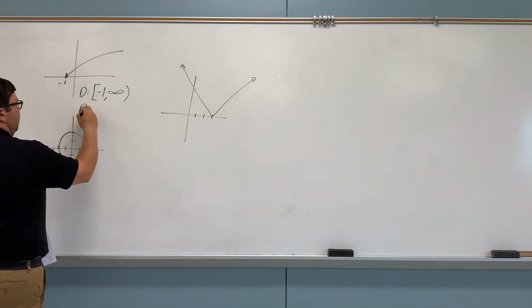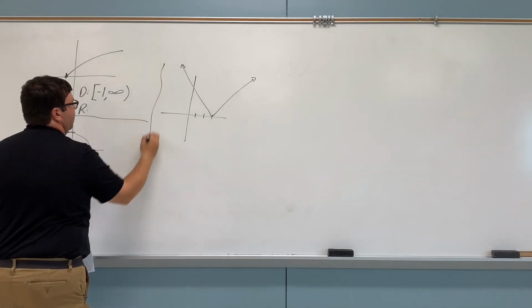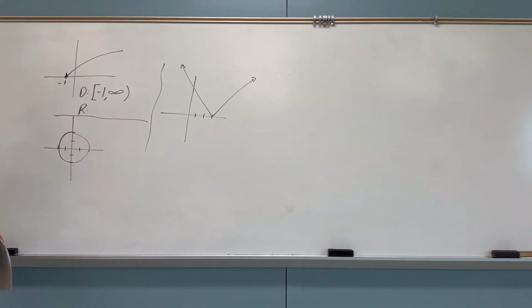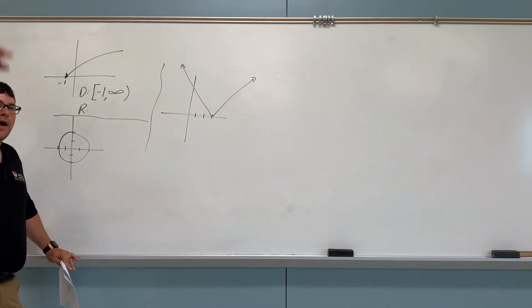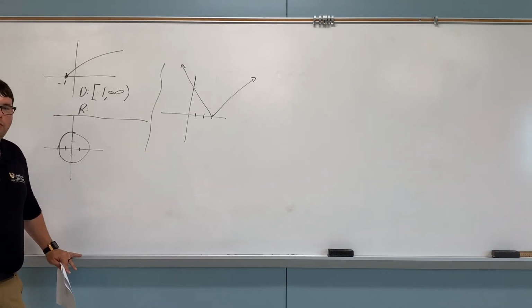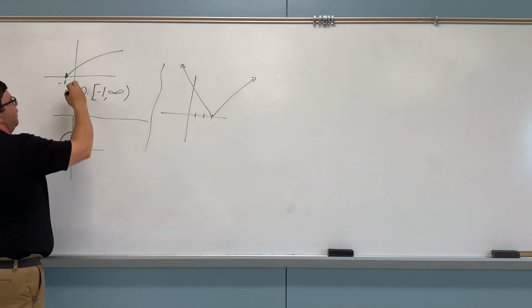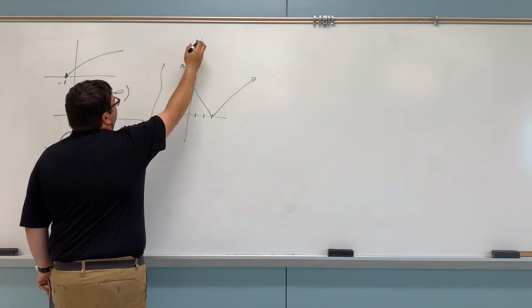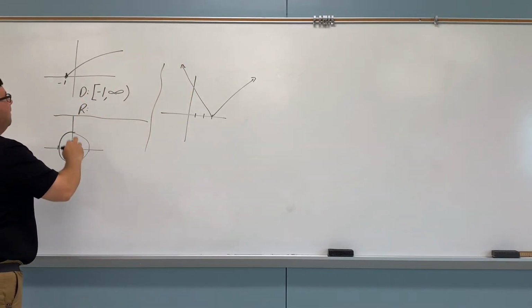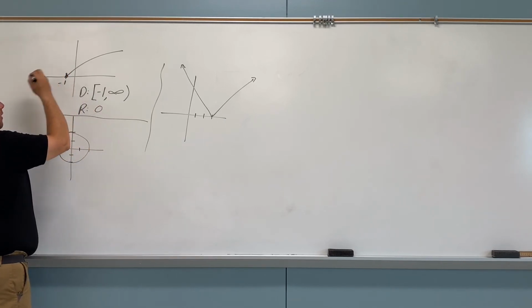Let's talk about the range. The range for this top graph right here. I'm going to separate those a little bit. The range is talking about the lowest possible y value to the highest possible y value, also looking for any gaps. Now, it's a little hard to see, but this is slowly increasing, very, very slowly increasing as it continues onwards. But the lowest possible y value is 0, because you're here at the axis, right?